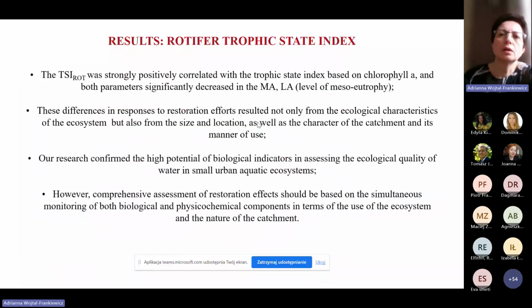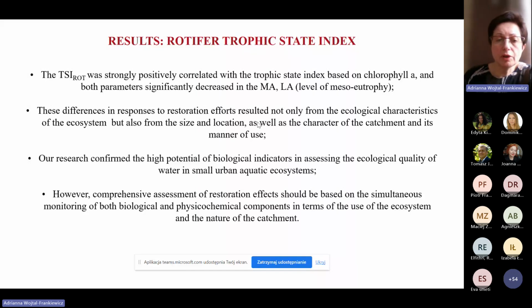In summary, our results showed that the rotifer index was strongly positively correlated with the trophic state index based on chlorophyll a, and both parameters significantly decreased in two reservoirs. Our research confirmed also the high potential of biological indicators in assessing the ecological quality of water in small urban aquatic ecosystems.